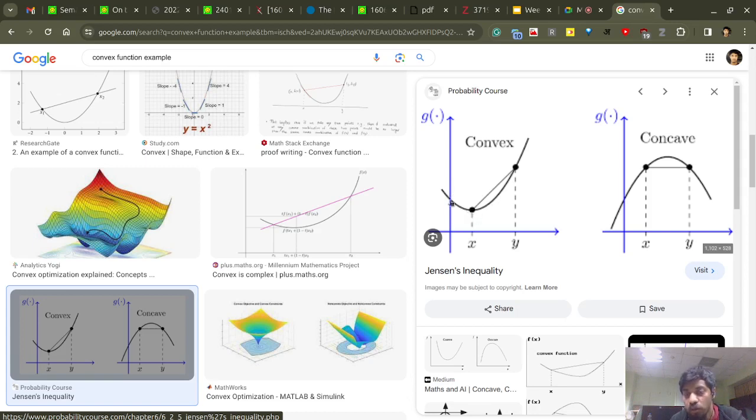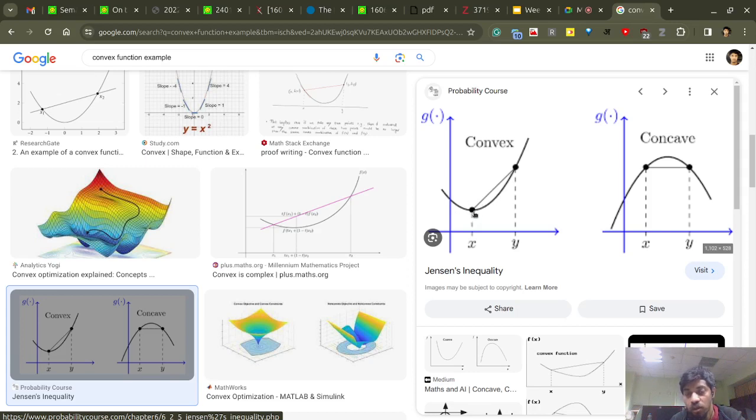The y value is higher here and lower here, so at some point it will be the lowest. Sir, which one is the global minima in this diagram? The y point, it is minimum right here, the lowest point. Yes, global minima.